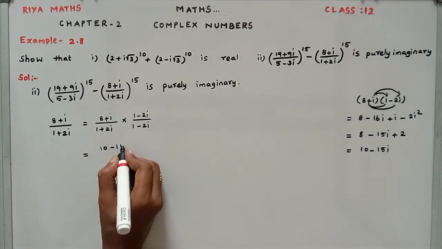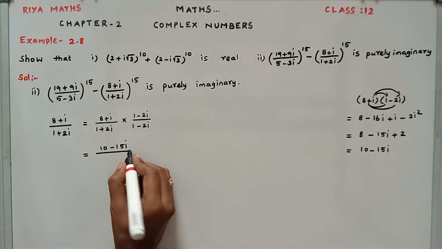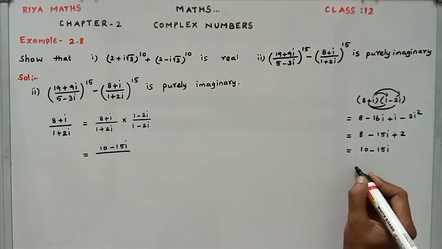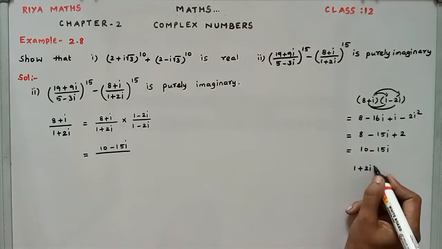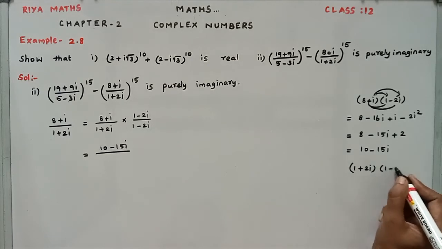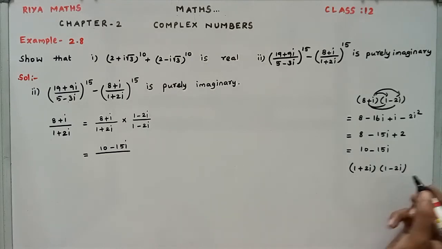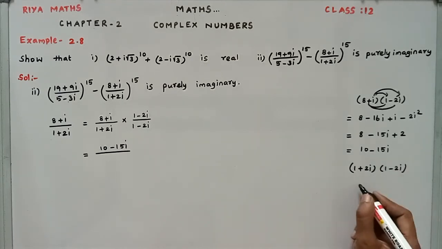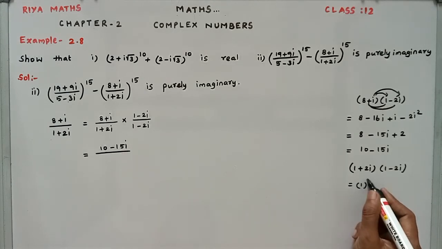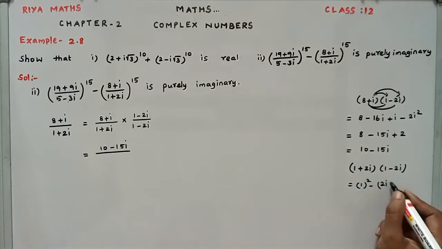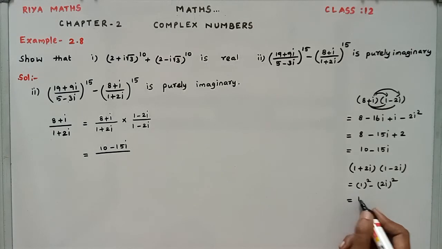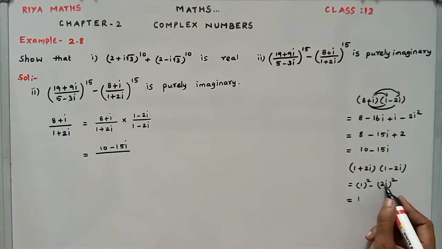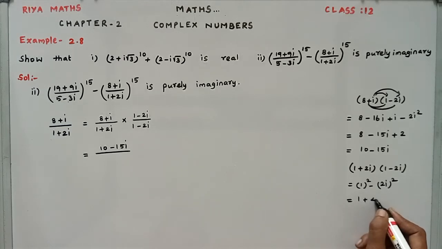10 − 15i divided by the denominator, (1 + 2i) into (1 − 2i). (a + b)(a − b) is a squared minus b squared. 1 squared is 1, 2 squared is 4, i squared is minus 1, so minus 4 becomes plus 4, which is equal to 5.